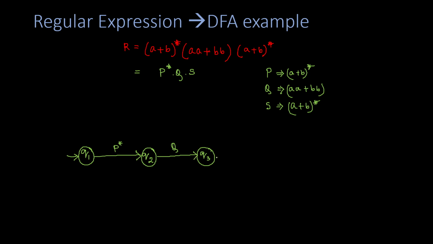And from Q3 I have to get an S so that I can reach the final state QF, something like this.